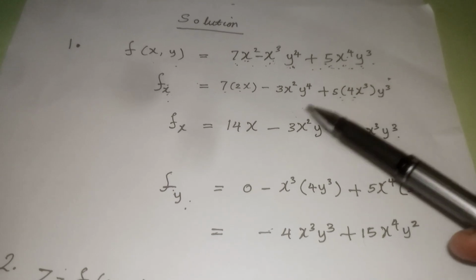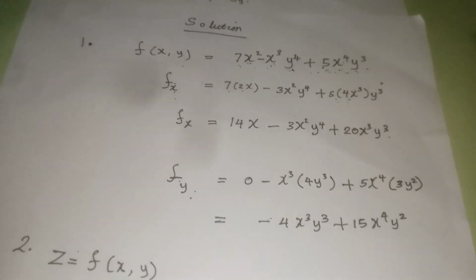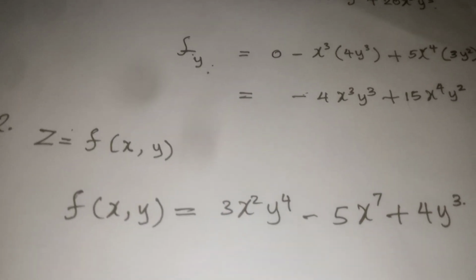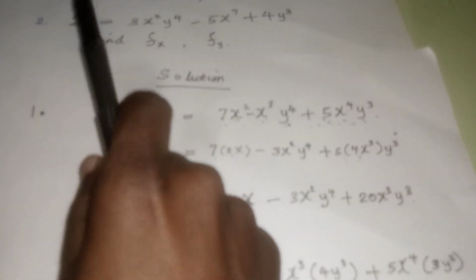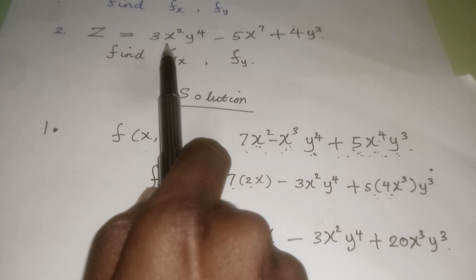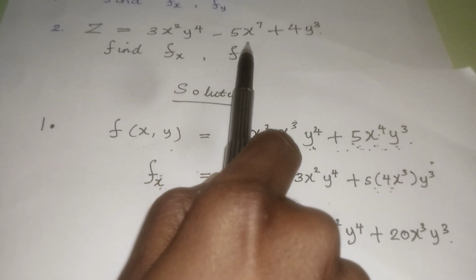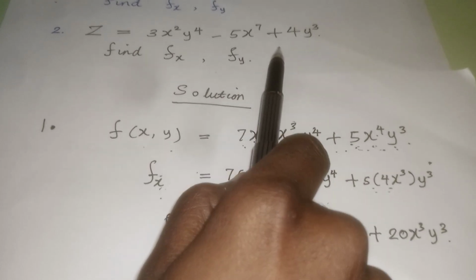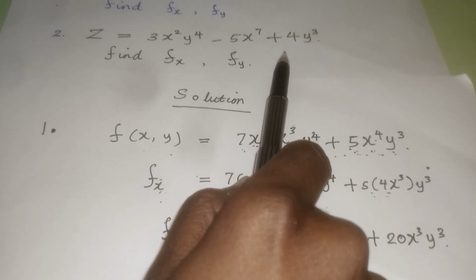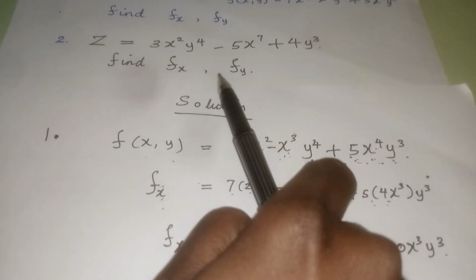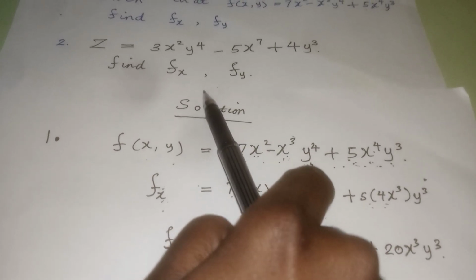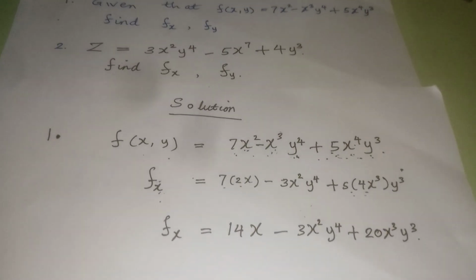Now let us move to look at the solution of problem number 2. Question number 2 says that z is equal to 3x squared y power 4 minus 5x power 7 plus 4y power 3. Find fx comma fy.